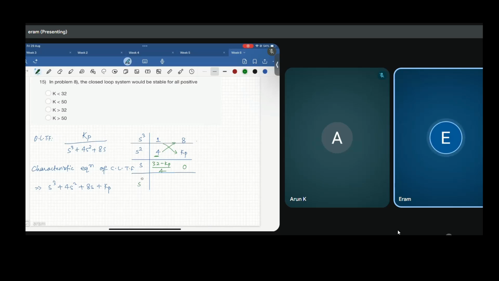For s0, we will have this term divided by this term, so it is kp only.